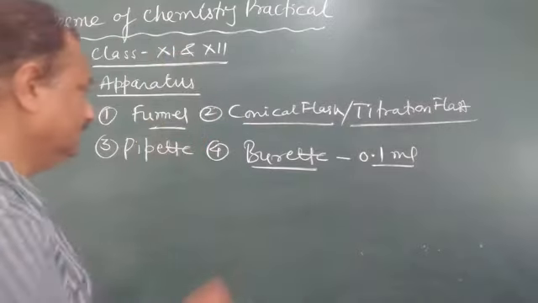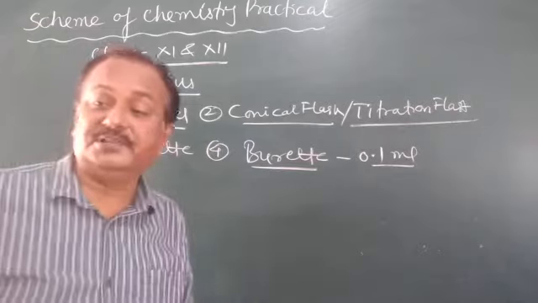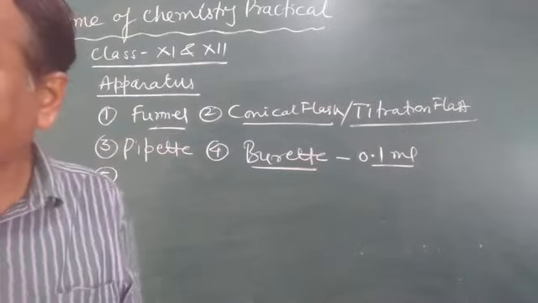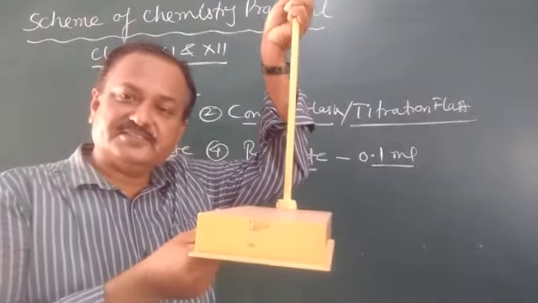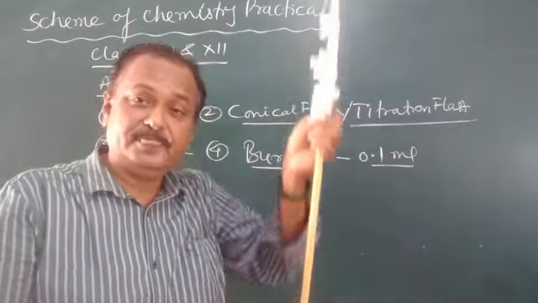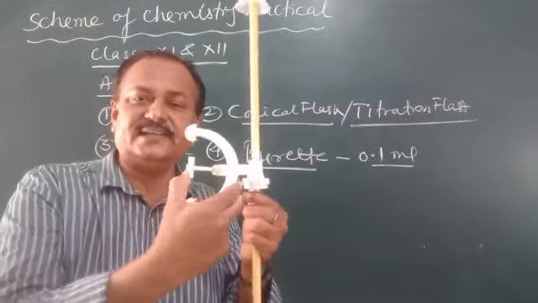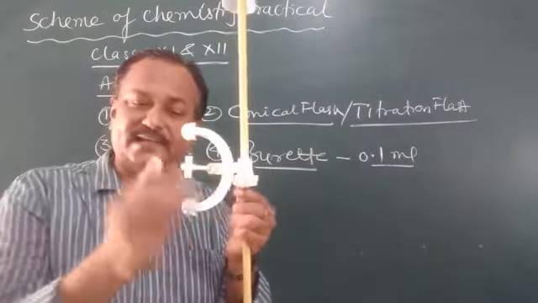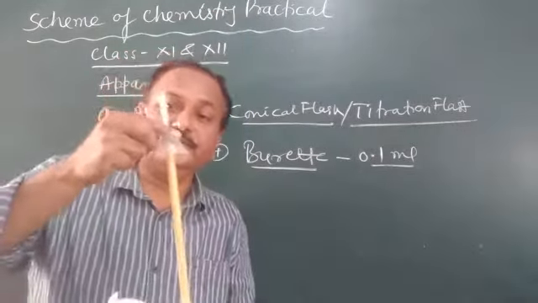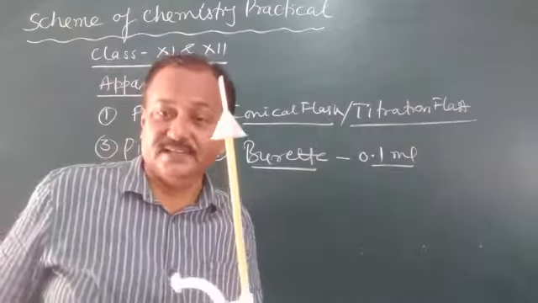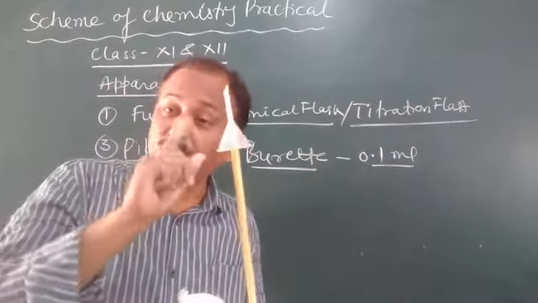Now children, the other apparatus involved in the titration is the stand. See the stand. It is made of hard plastic. This is the clamp. There is a spring inside, and we attach the burette. On the top we place the funnel. This funnel is made of plastic, and it is inverted after washing it.